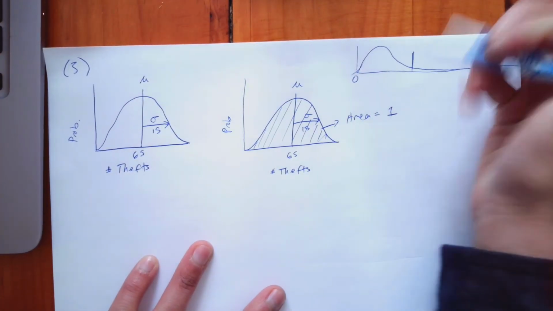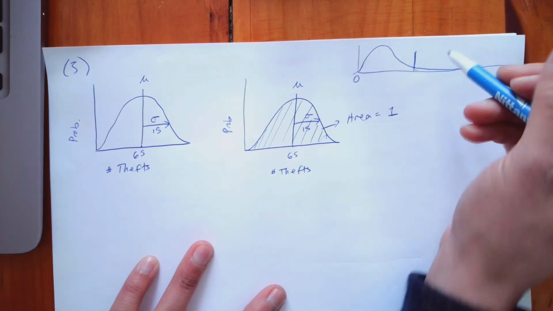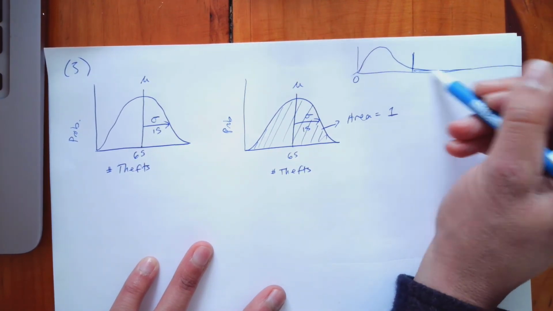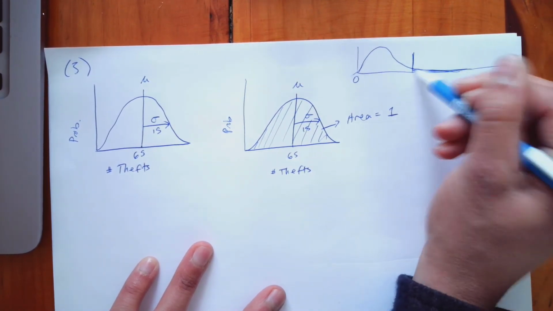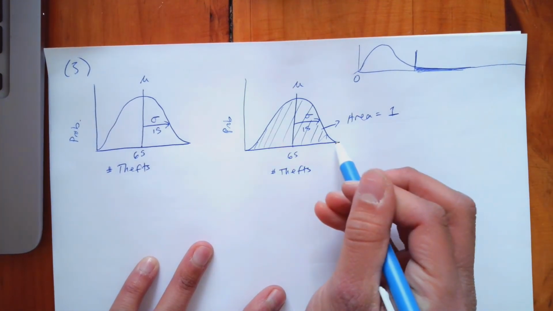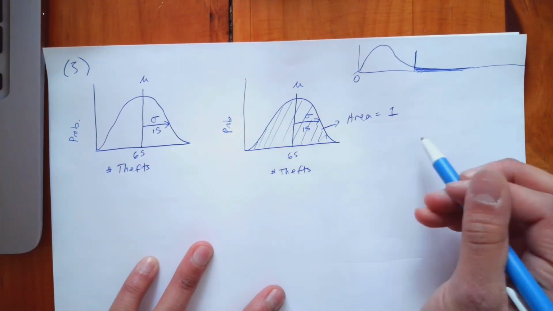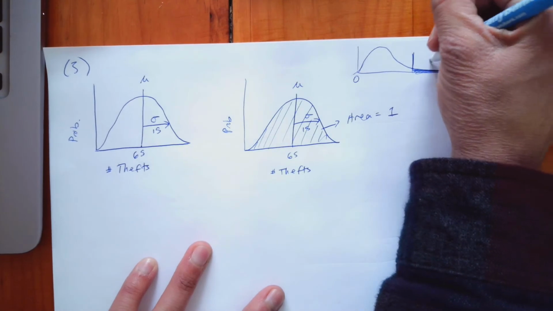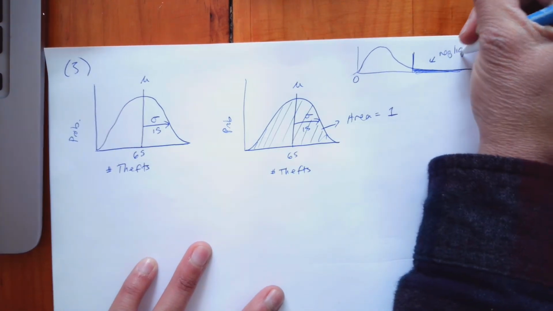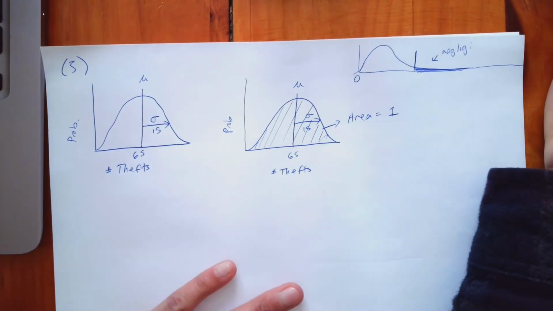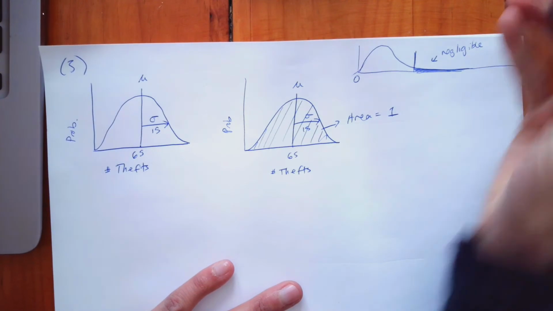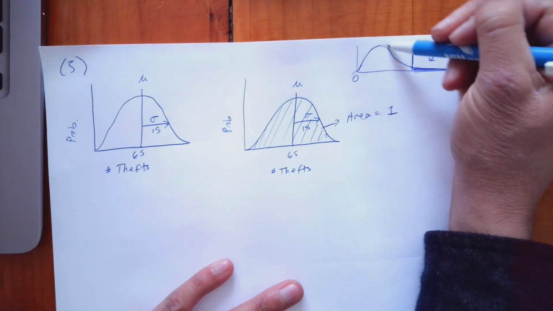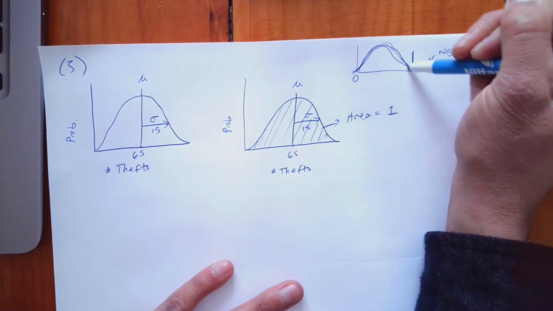And then this would be some point at which it just becomes really unlikely, to the point of being negligible or almost 0, that you're going to have more than that. So technically, you can imagine there sort of being a long tail that comes off of here, but we're going to say this is negligible to the point of being indistinguishable from 0. So we're just going to ignore that, and we're going to treat this like it's a true bell curve and not skewed.